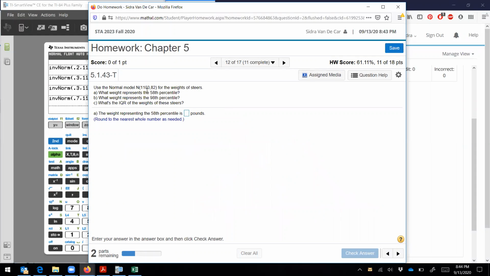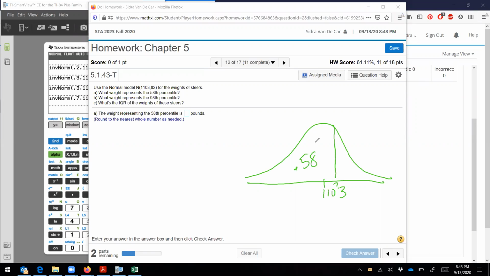All right, normal model, mean is 1103 and standard deviation is 82. So the 58th percentile. Okay, so again, for the 58th percentile, I'm saying, if I have a normal model where the mean is 1103, what value is here on the axis that would give me a 0.58 over here?